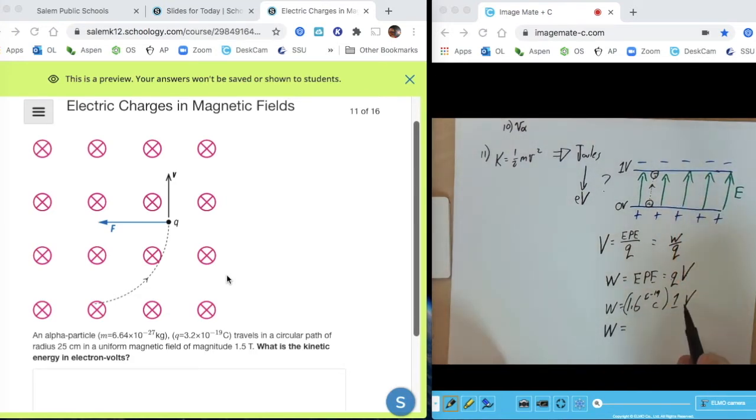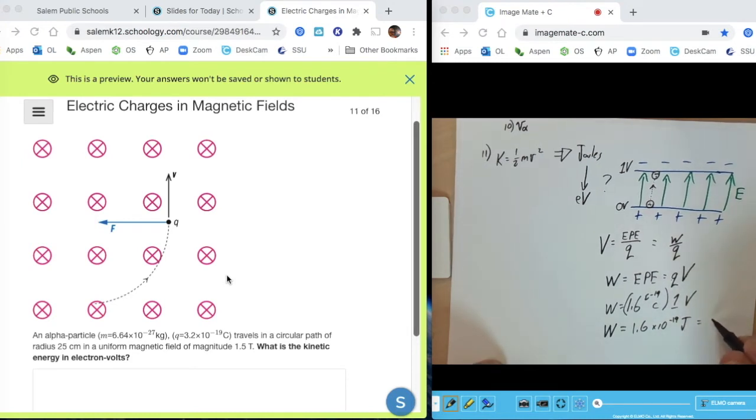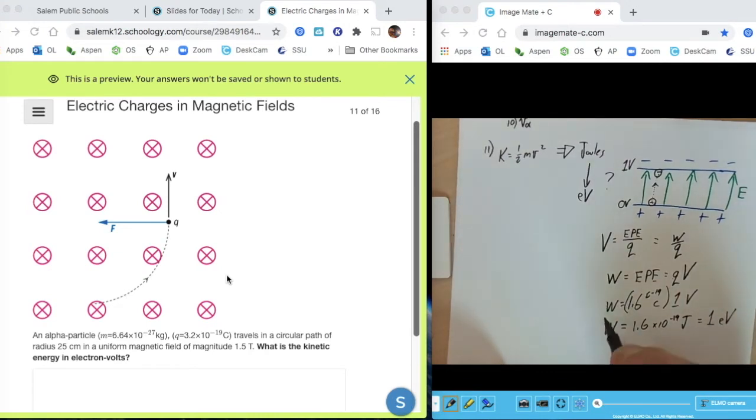Well, 1.6 E negative 19 times 1. So I have to do 1.6 times 10 to the negative 19 joules of work. Now, that's a tiny, tiny number, and so we give that a special name. We call that 1 electron volt. So what's an electron volt? It's a very small number of joules, 1.6 E negative 19 joules.